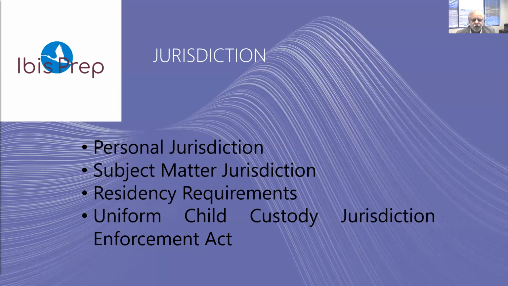All you really need to know about that is that the judges converse between the two states to decide whether that emergency jurisdiction is going to remain or not. So the UCCJEA, your key word, establishes the home state of the minor child.